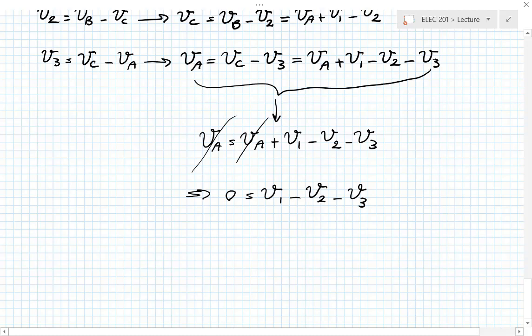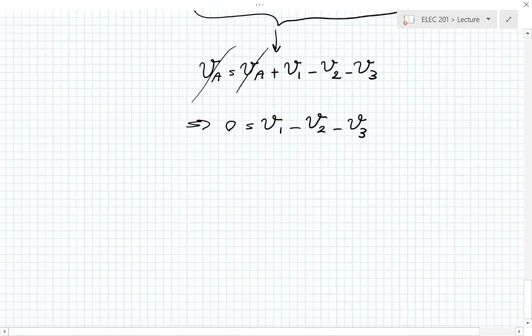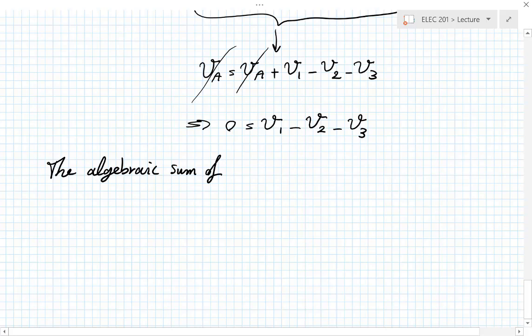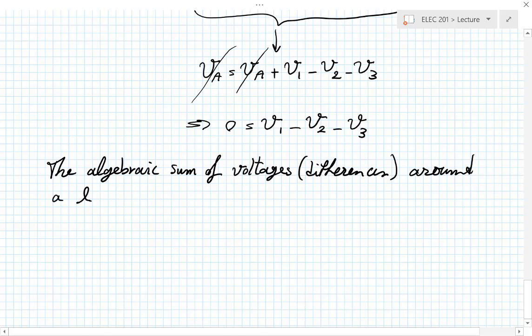This is the more sophisticated, if you want, or mathematical expression of Kirchhoff's law that says the algebraic sum of voltages, or we should say voltage differences, around a loop is 0.